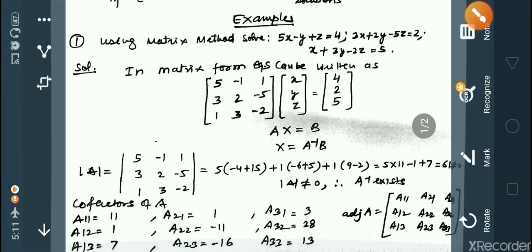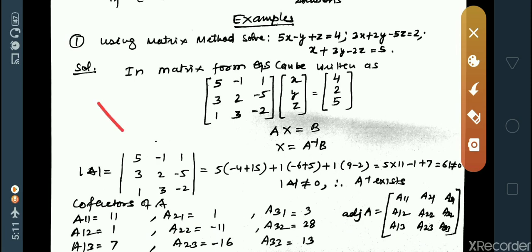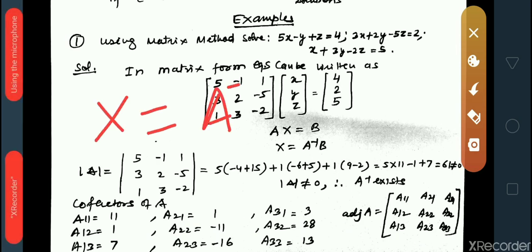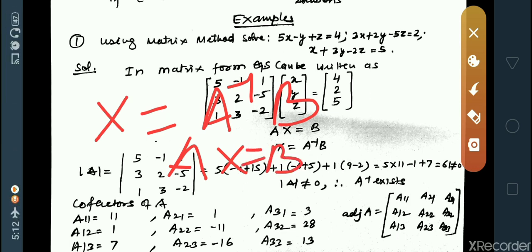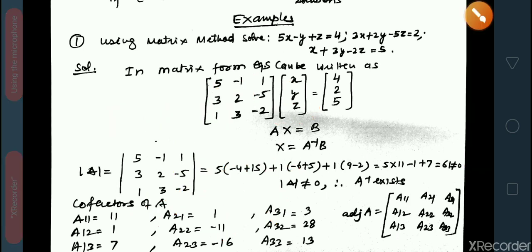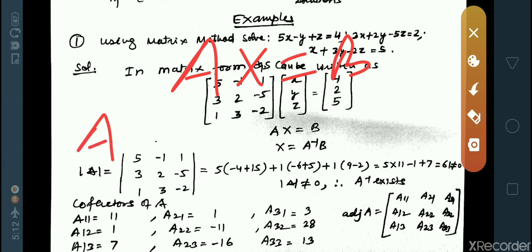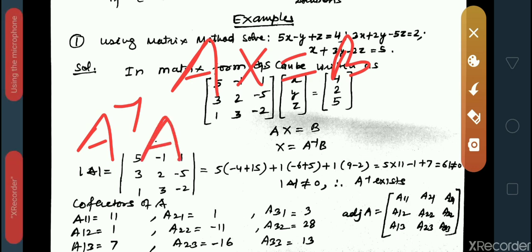Now in contracted form, AX is equal to B and X is equal to A inverse B. Children, you must know how it is X is equal to A inverse B. The equation is AX is equal to B. By pre-multiplying both sides by A inverse, you will get A inverse AX is equal to A inverse B. This was the original equation, and pre-multiplying both sides by A inverse, you will get this.